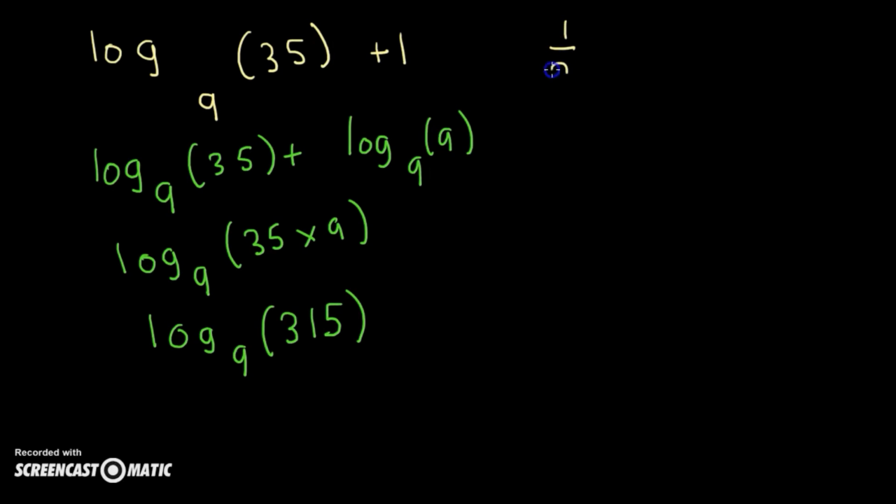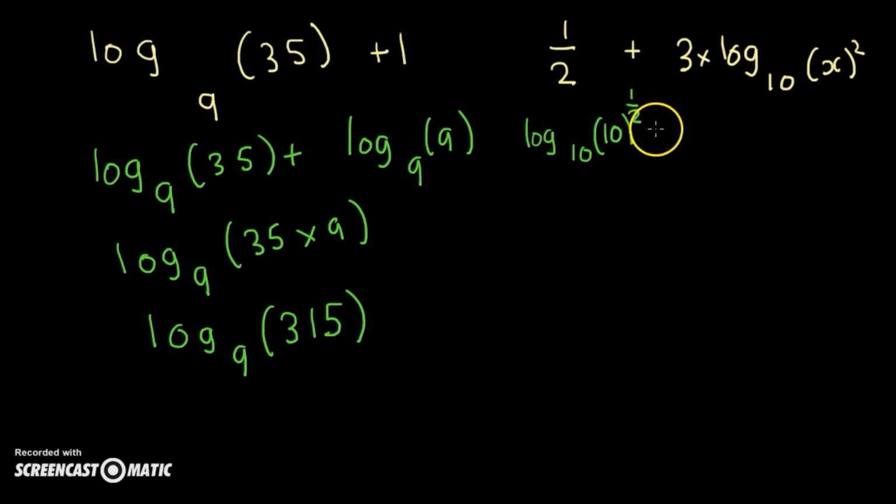And this last question: a half plus 3 times log base 10 of x squared. Like the same question, this half can be turned into log to the same base 10 of 10 to the power of half, plus log base 10 of x to the 2 times 3, because you can bring that power.